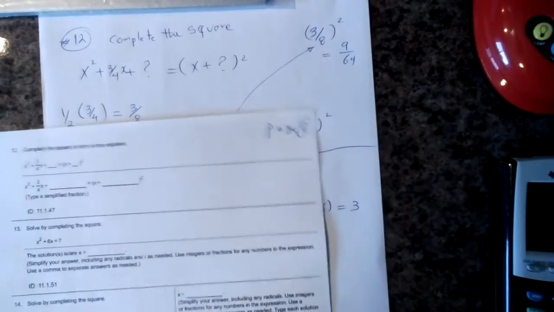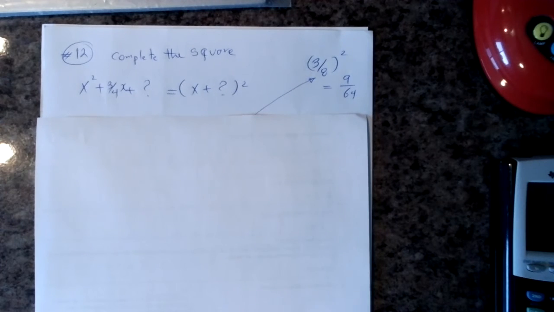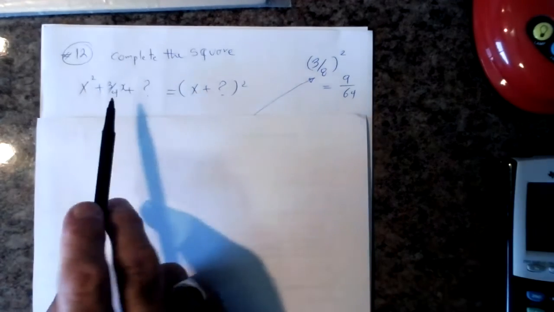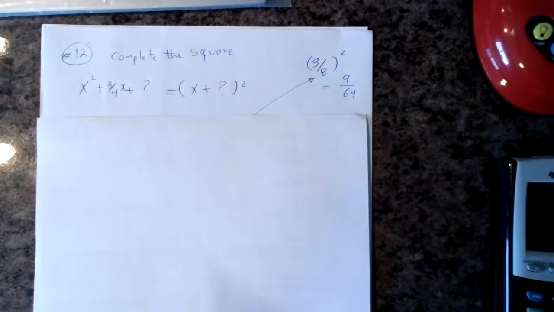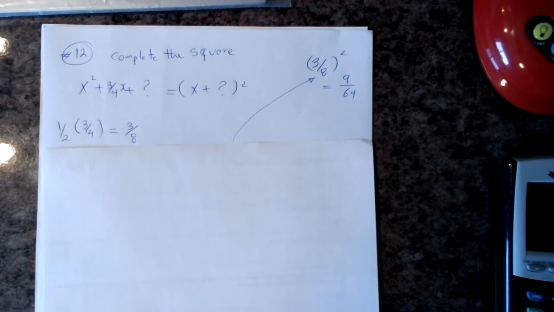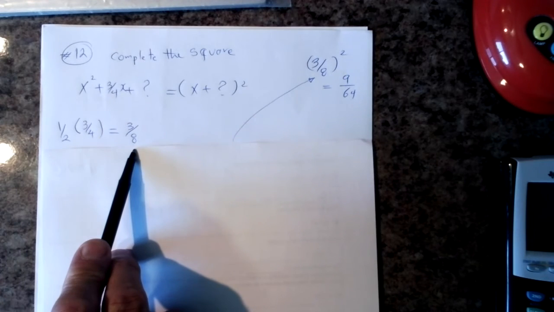All right. So now you need to find half of this fraction. What is half of this? I'll show you here. Half of 3/4 means 3/8.